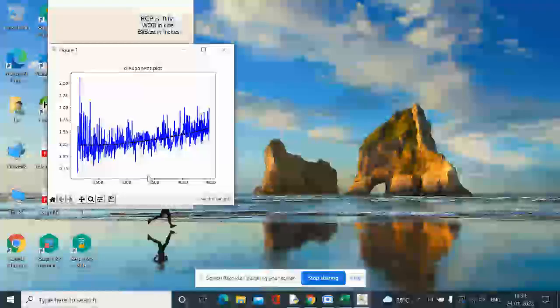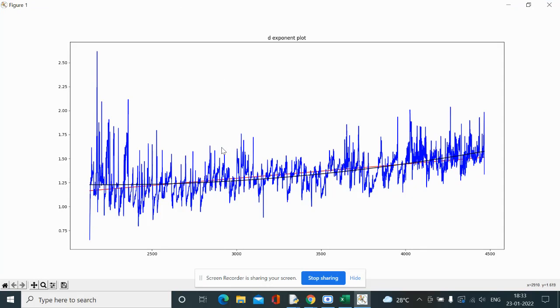Compute d exponent. Here you have the d exponent plotted, and the red line is the linear trend line. It is progressively increasing.